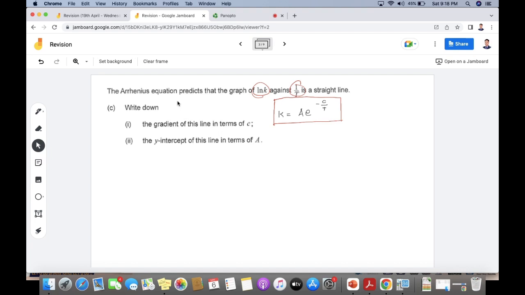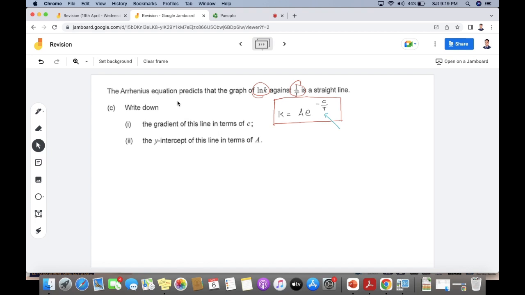You just have to introduce the ln on both sides. However, it would be difficult if we introduce ln in this particular form. So let's try to rewrite it in a way where we can apply the laws of logarithm.